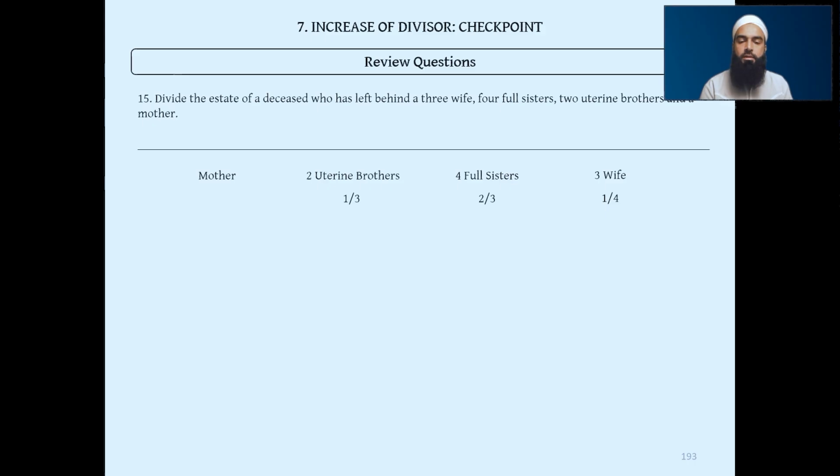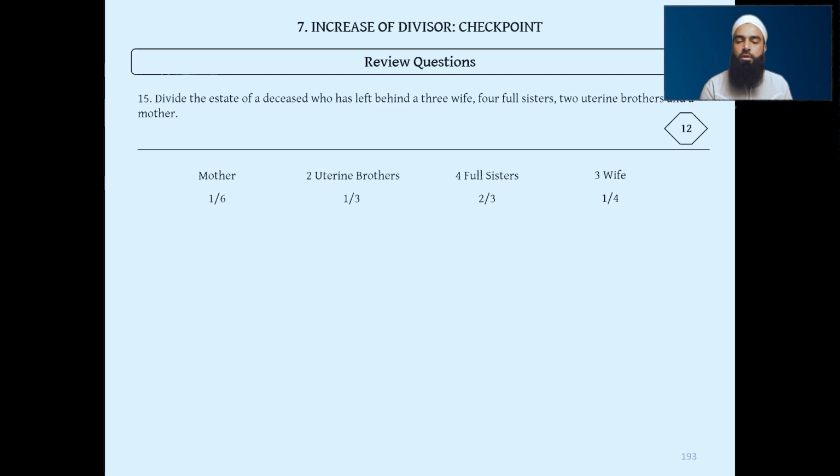The mother gets 1/6 because there are more than 2 siblings. So we see there is 1/6, 1/3, and 2/3, which is group 2, but there's also a quarter, which is group 1. So we use the 4 denominator, multiply it by 3, and get 12 as our divisor.